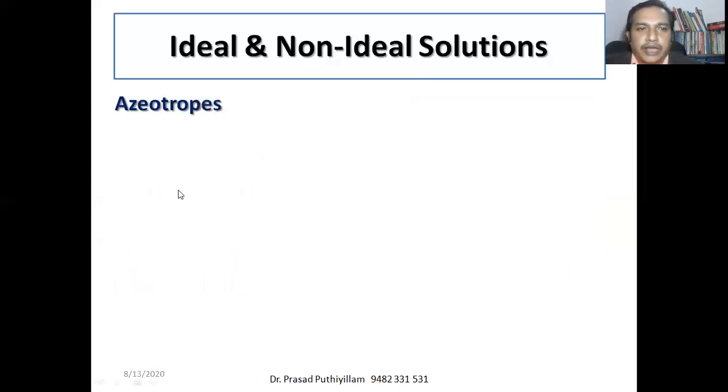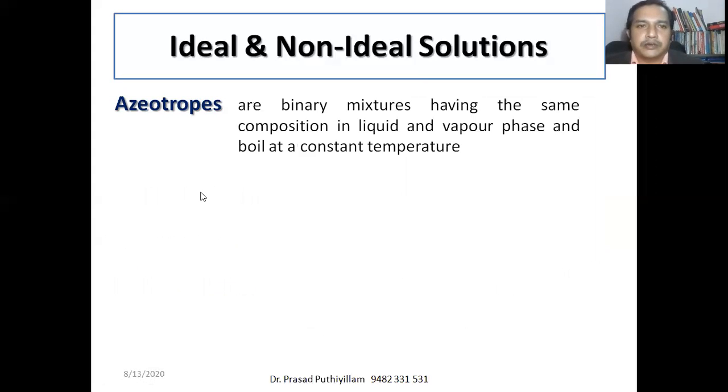We are moving on to the last topic, that is azeotropes. Azeotropes are some interesting examples. They are binary mixtures having the same composition in liquid and vapor phase, which boil at a constant temperature. That means it is a particular composition of mixture in which the components stay together, whether in the liquid state or the vaporized state.